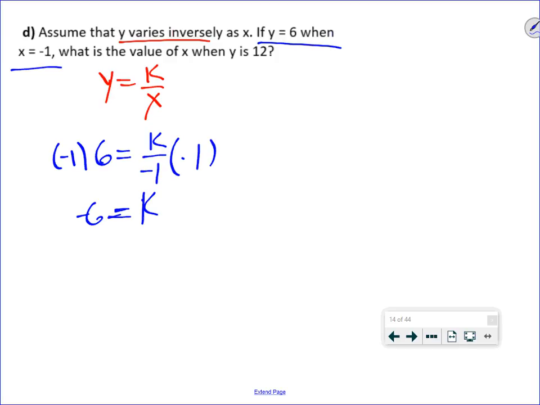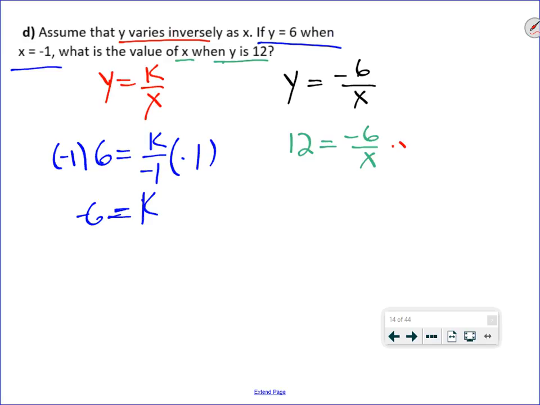So the specific inverse variation equation for this is y equals negative 6 over x. And then they give us a second data point, which is what is x when y is 12. So 12 equals negative 6 over x.